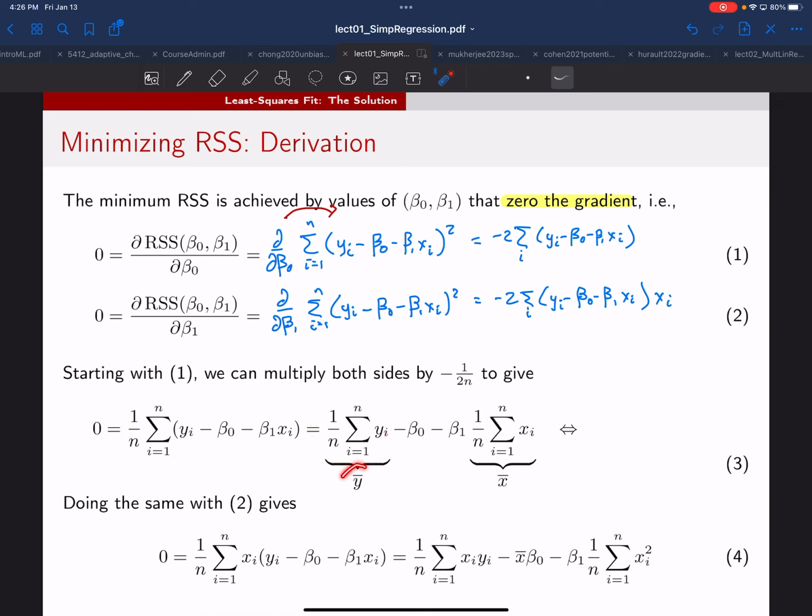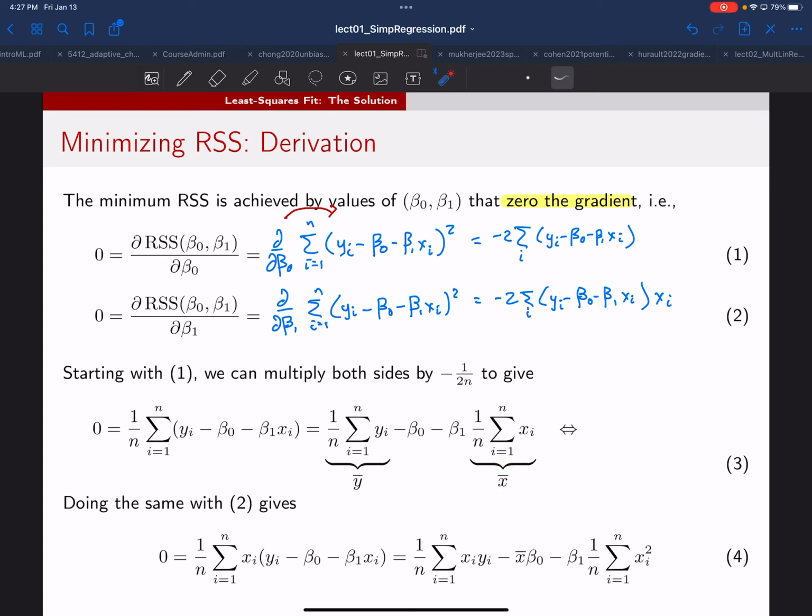We recognize that as y bar, the sample mean. Then we have the average of minus beta 0, which is just minus beta 0. And finally, we have the average of this last term. We can pull the minus beta 1 out of that average, and then we have the average of the xi's, which we recognize as x bar.